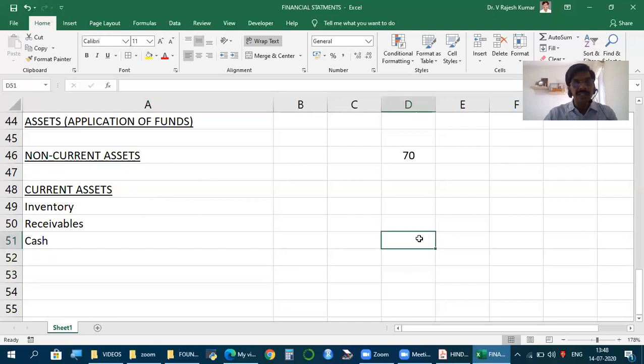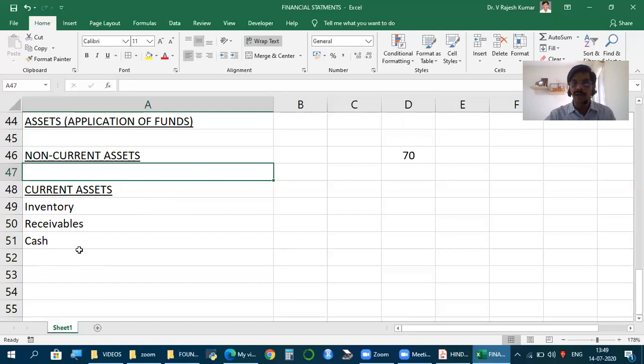And in case there are any surplus funds, usually the practice is to invest. So earlier we used to have investment as a separate heading on the asset side, but currently, as per the new formats, Companies Act or Ind AS, investments, if it's long term, will be shown under non-current assets. If it is short term, it will be shown under current assets.